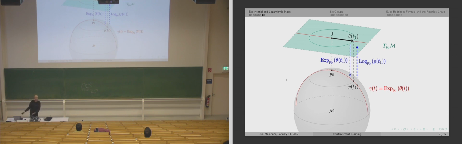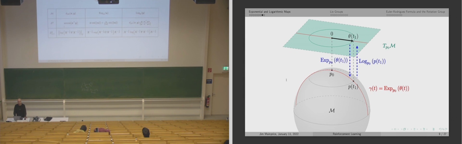So it maps points on the manifold to vectors on the tangent space. Okay? So that's just the generic concept of the exponential and the logarithmic map for Riemannian manifolds. And it's a function of the Riemannian metric that you're using on the manifold.